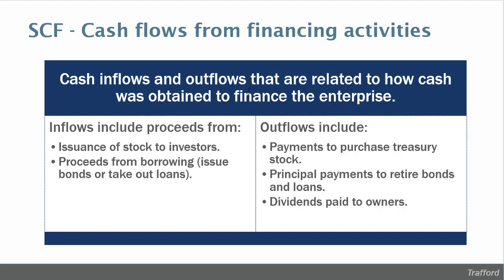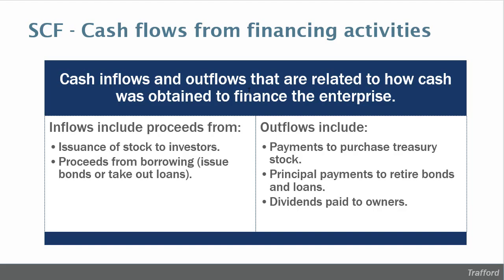Here's a list of how we define financing activities, and keep in mind that these are definitions specific to the statement of cash flows. The statement of cash flows gives readers information about the financing cash inflows and the financing cash outflows.